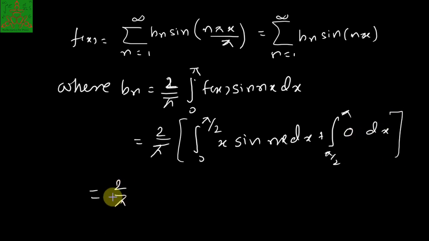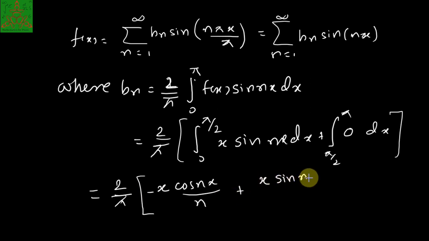So finally I am applying the integration by parts in this. So it is minus x cos nx upon n plus sine nx upon n square, limit is 0 to pi by 2. And substitute pi by 2 here, you will have cos n pi by 2.